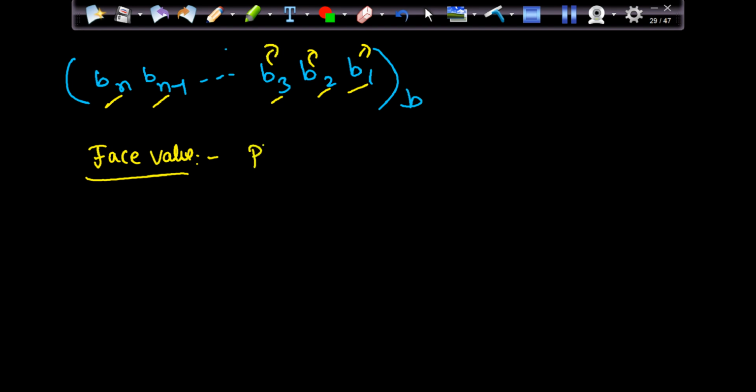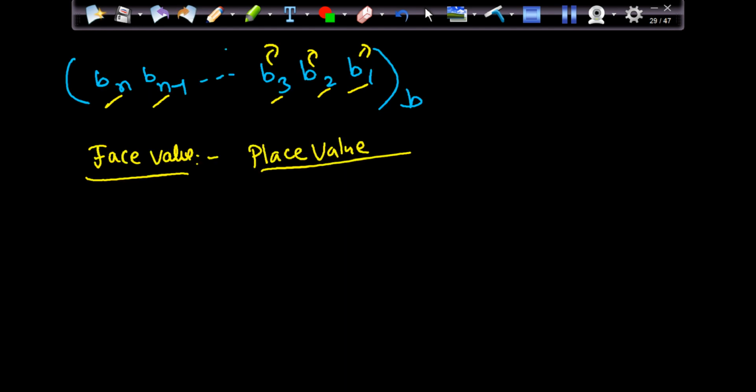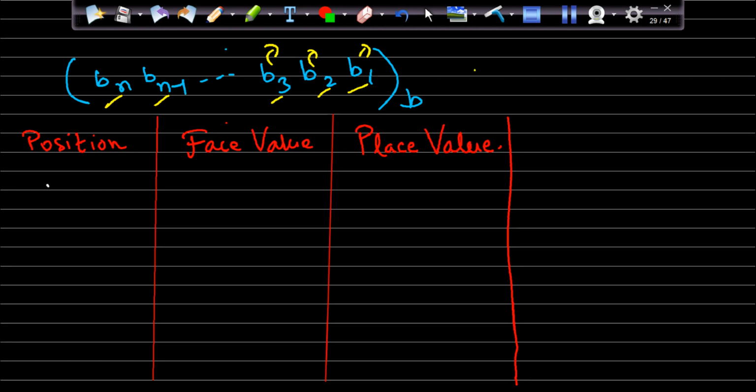And there is something called the place value. This place value is the weight of that position. So nth position, n minus 1th position, and so on. Third position, second position, first position.